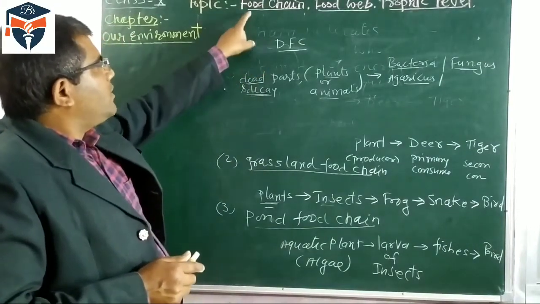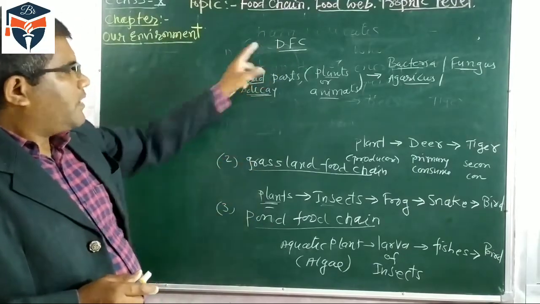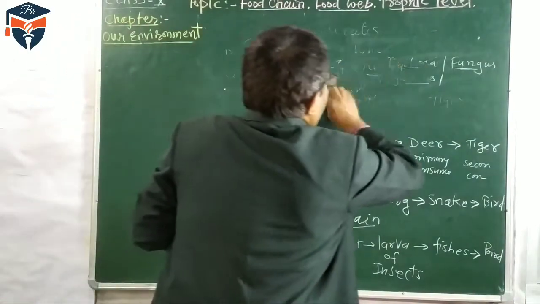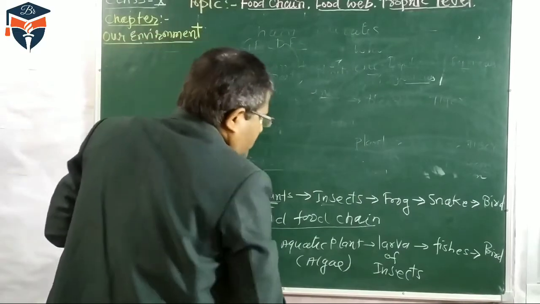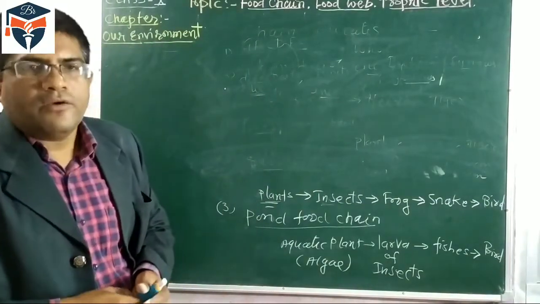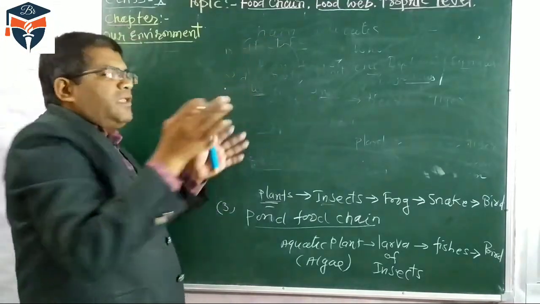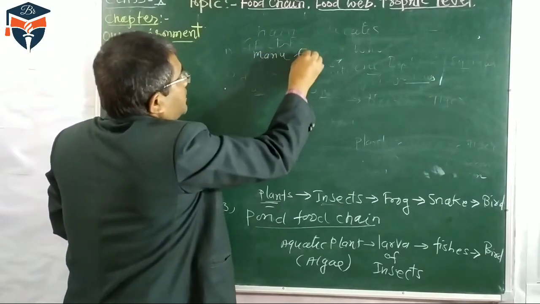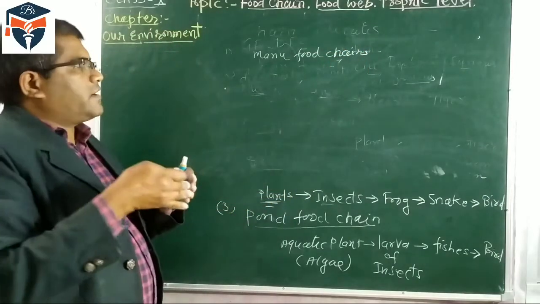So we have to study the food chains: the grazing food chain, and the detritus food chain. Second important part is that in our ecosystem, only one organism feeding on one other organism is not enough for stability. So what happens? There are many food chains, and these many food chains get interconnected.